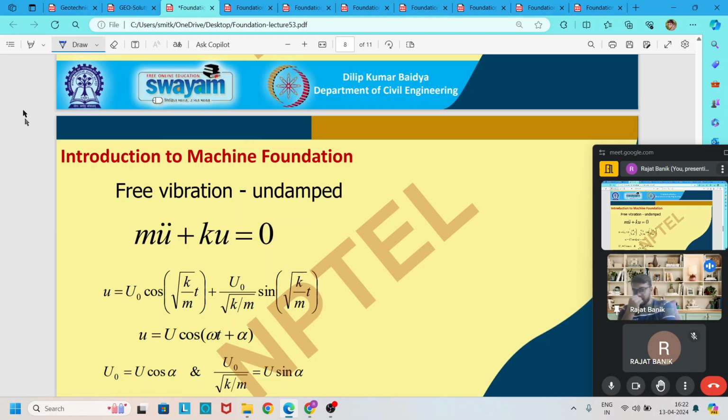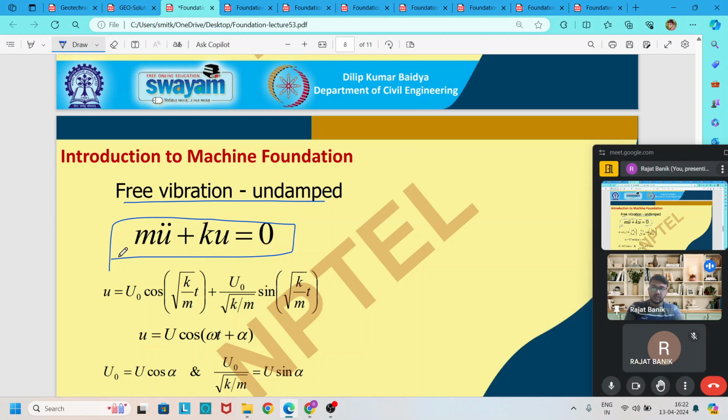You see the free undamped vibration. The mathematical equation is m u double dot plus k u is equal to 0.